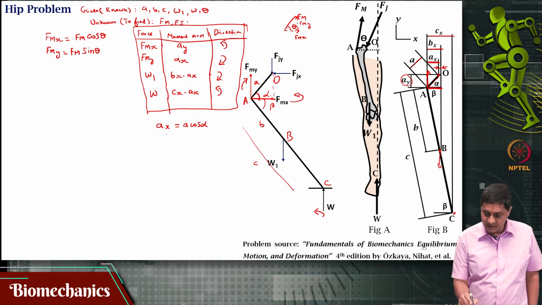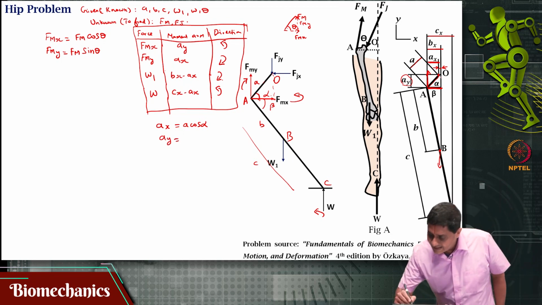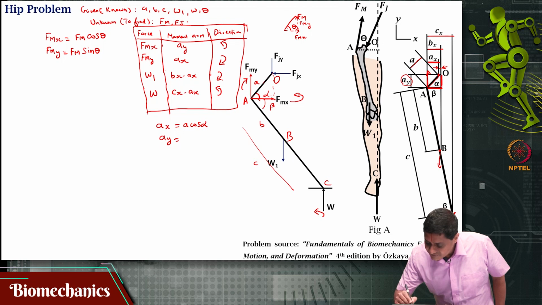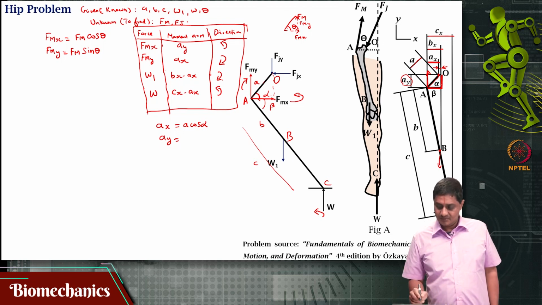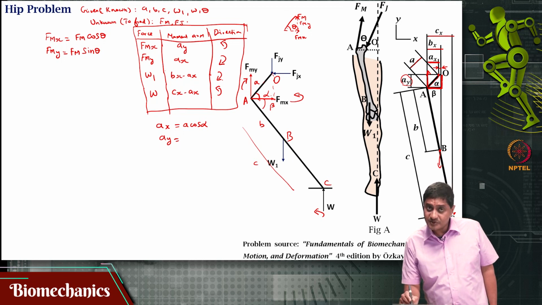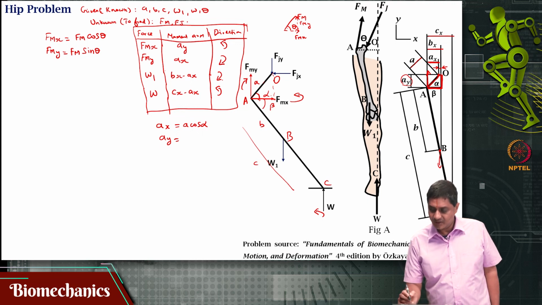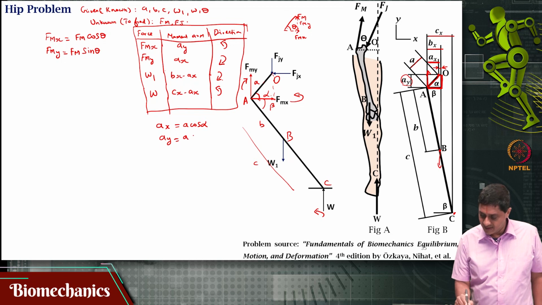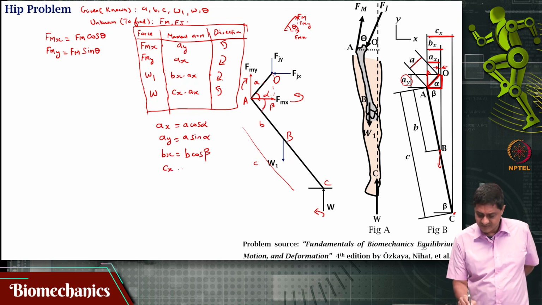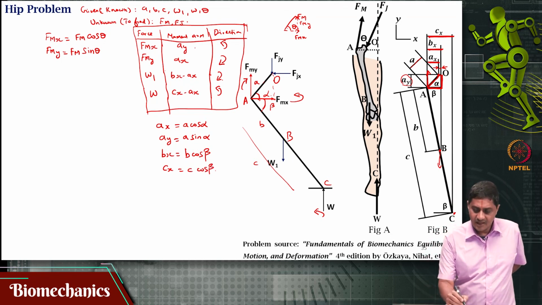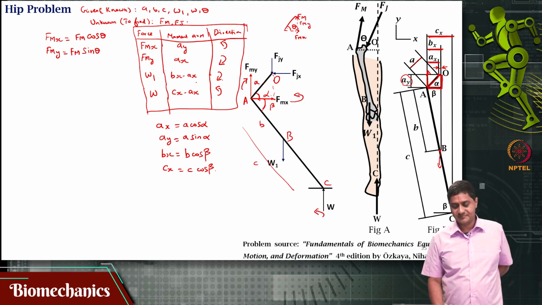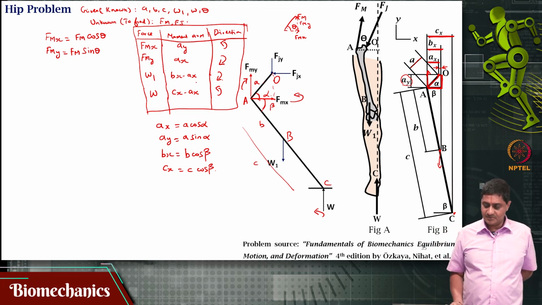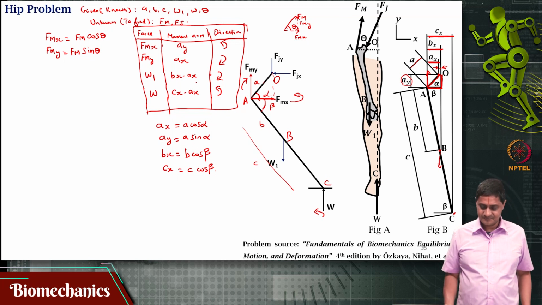Ay likewise is that distance, the opposite side to angle alpha in this right triangle. That is A sin alpha. Cx is C cos beta, because I only need Ay, Ax, Bx and Cx. I do not need By and Cy. Cx is C cos beta and Bx is B cos beta. Check this.